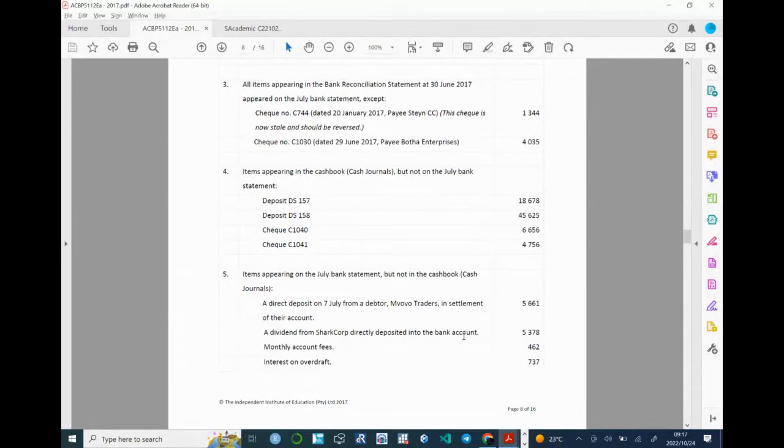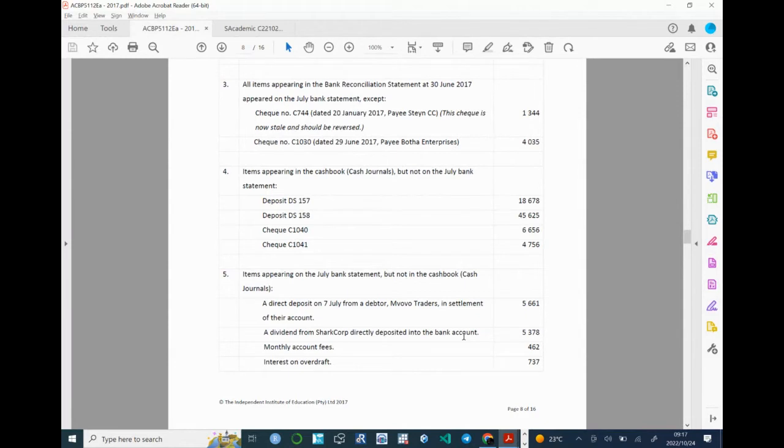So in other words, they made the necessary adjustments that we gave them for June. We're doing this for July, but they did not do the adjustments here. These two that they mentioned. Okay, so fine. Check number C744, dated 20 January 2017. Okay, this check now stale and should be reversed.